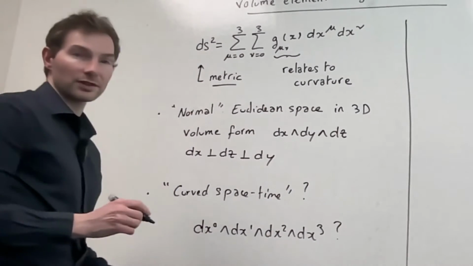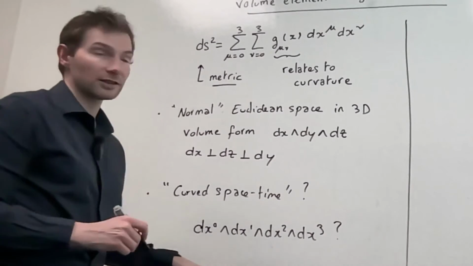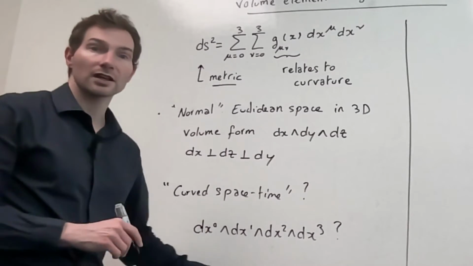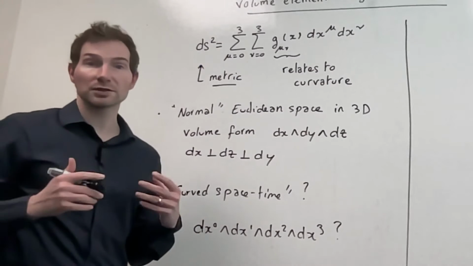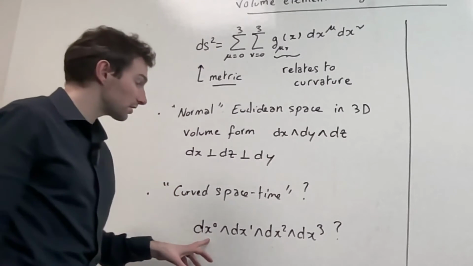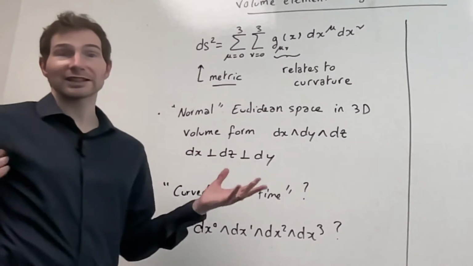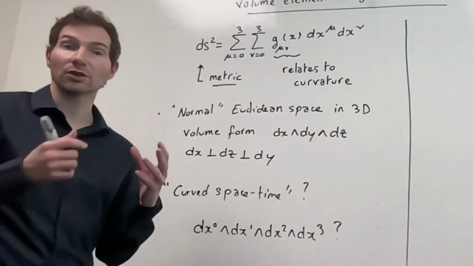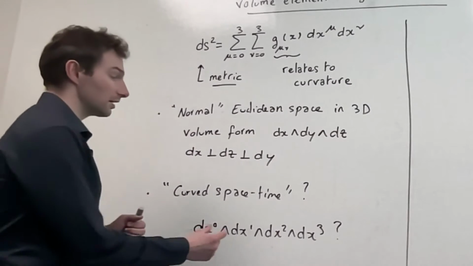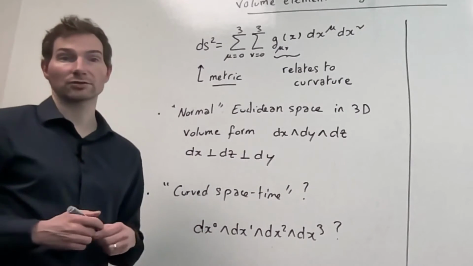You can wonder whether that's the case, and it turns out that no, it can't be like this. There are multiple reasons for that. A very simple reason is that often these variables, x0, x1, x2, x3, can be anything you want, so they don't necessarily need to have the dimension of an actual length and so on.